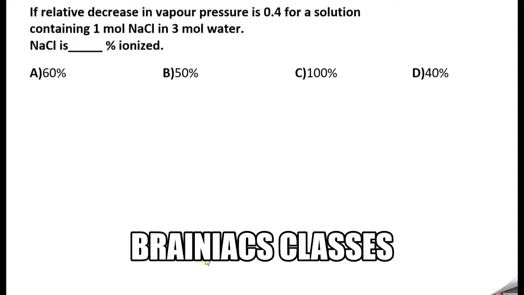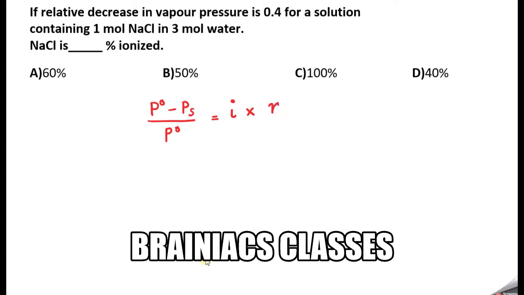So we know that they are speaking about the relative lowering of vapor pressure. So we have the formula that is (P0 minus Ps) divided by P0 is equal to i into n by (n plus N). I comes into picture because the solute here is an electrolyte, NaCl.